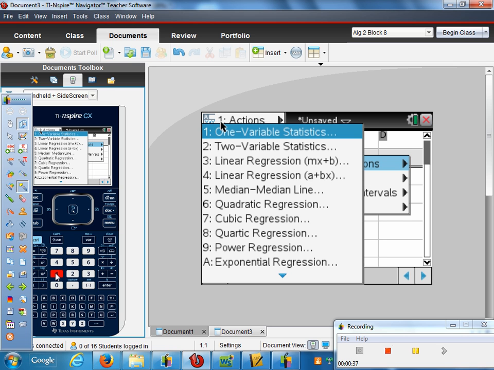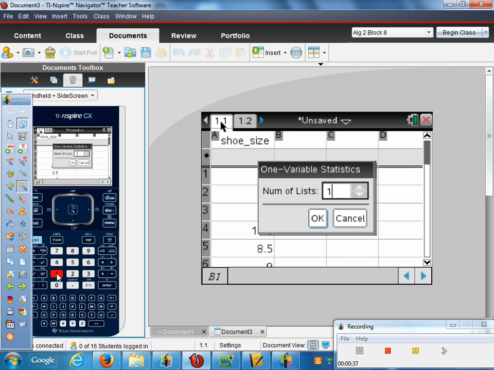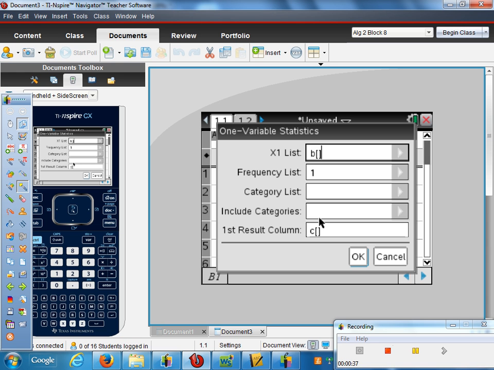You only have one list of numbers, so we're doing one variable stats. I only have in my spreadsheet at the moment one list, so I'm going to leave it that way. And then it's necessary for you to tell it the name of that list. So if you hit the arrow, in this case I would select shoe size. You won't be changing anything else, just hit OK.